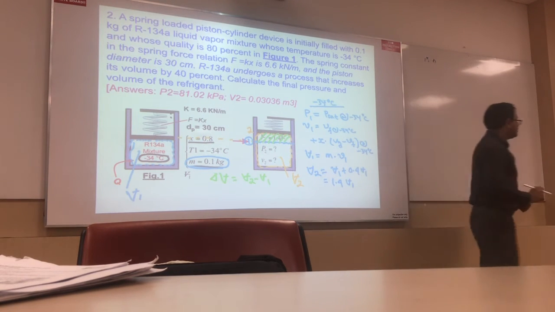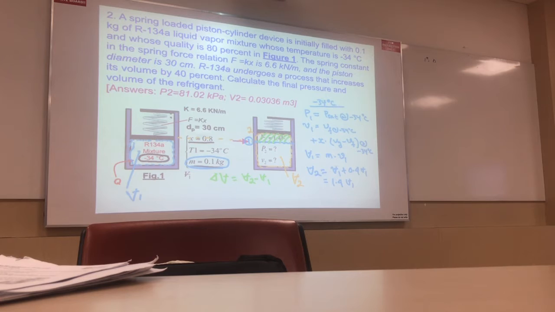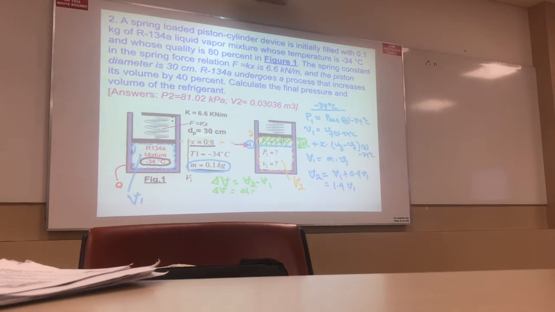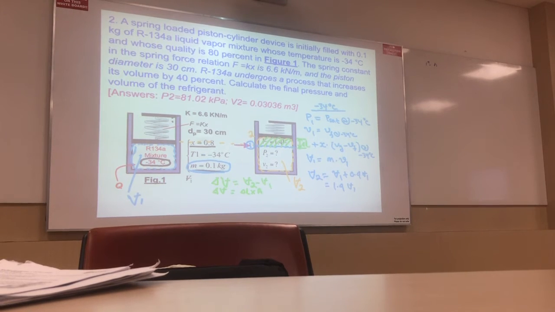So that's why I can write, this is the concept, don't forget, delta V is equivalent to the distance traveled by the piston, delta L, times the area of the piston.